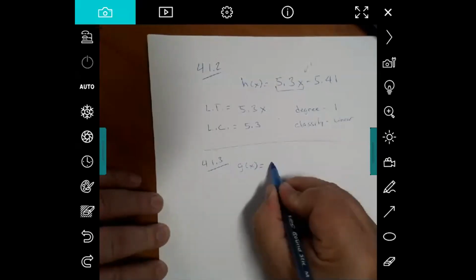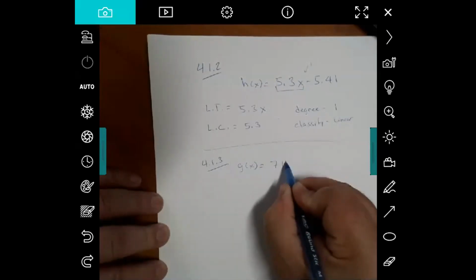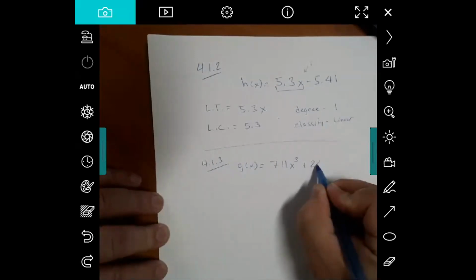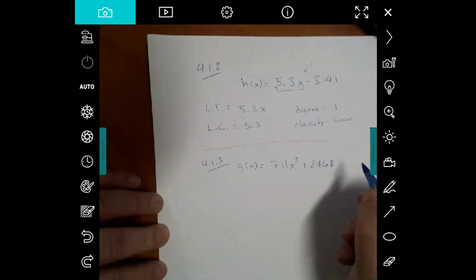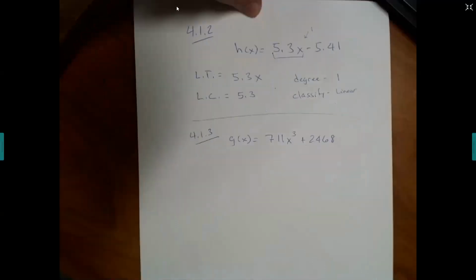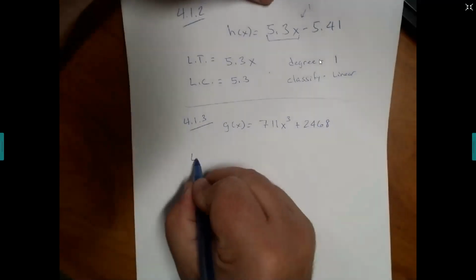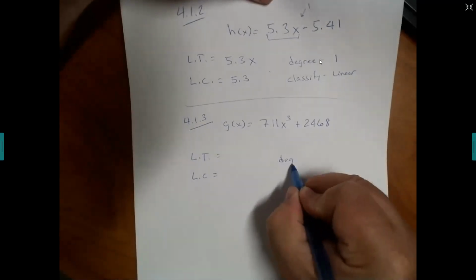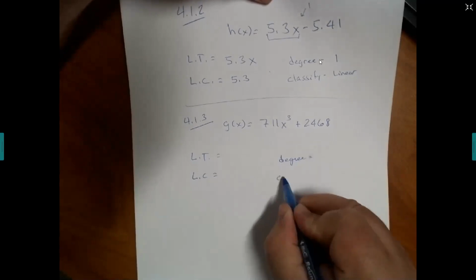And here's the third one. Same information: leading term, leading coefficient, degree, and classify it.